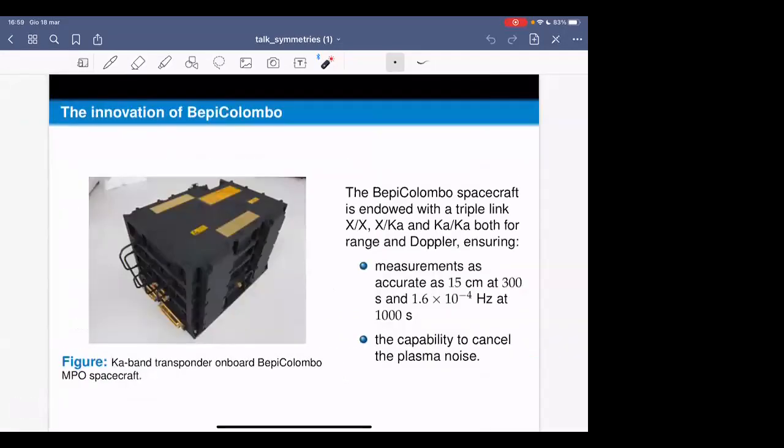BepiColombo is a very important mission because it is very innovative from the technological point of view.